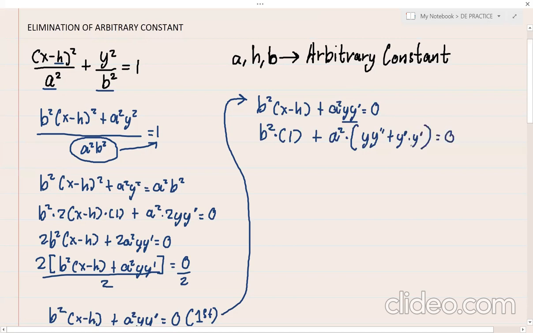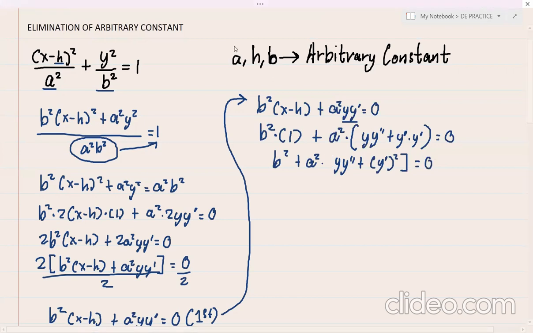Ayan. So we will have b squared plus a squared times quantity y times y second prime plus the square of y prime. Ayusin ko lang tong bracket. Wait lang ha. So yeah, that's it basically. Okay? So this is your second derivative. So that is your second derivative na.